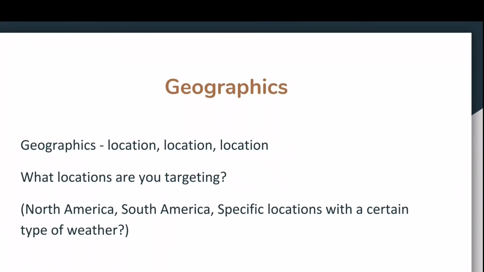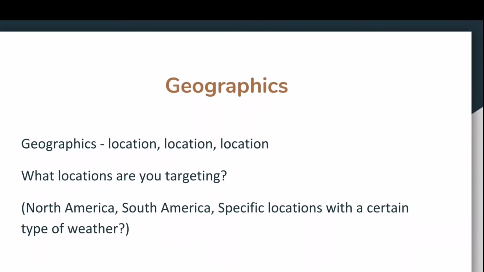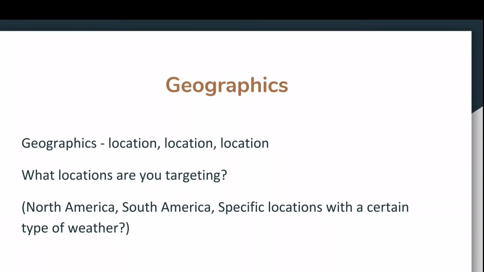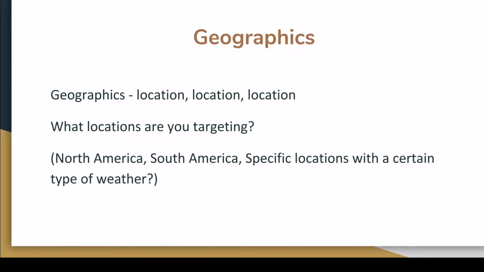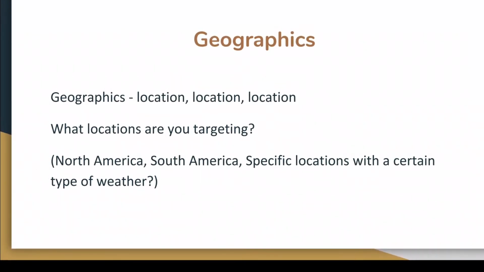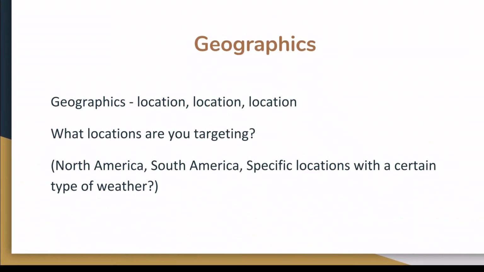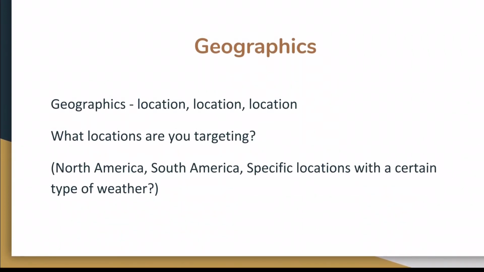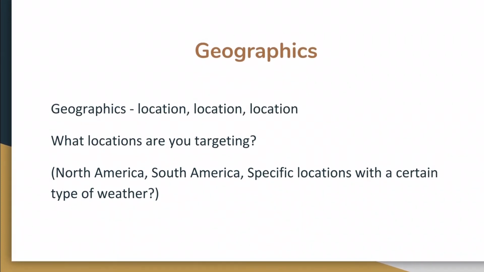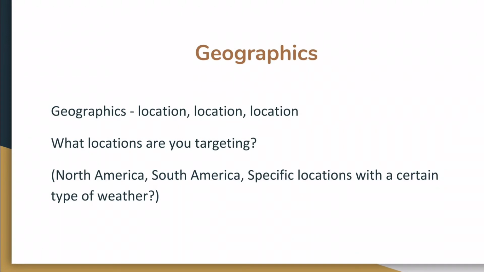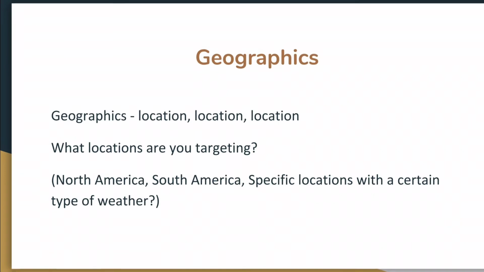Another example would be if you are opening up a new swimsuit line. You'll probably want to target an area where there's a lot of tropical weather. For example, Florida. That's a great place to open up a business or sell products that pertain to tropical weather or heat. It would not be a strategic idea to open up a swimsuit line or a swimsuit location in, let's say, Alaska, where it's cold all the time.